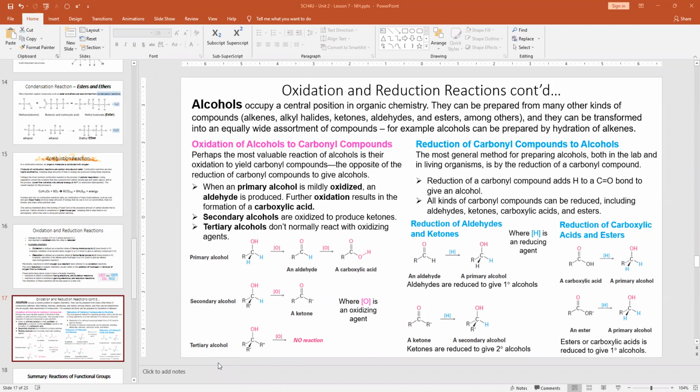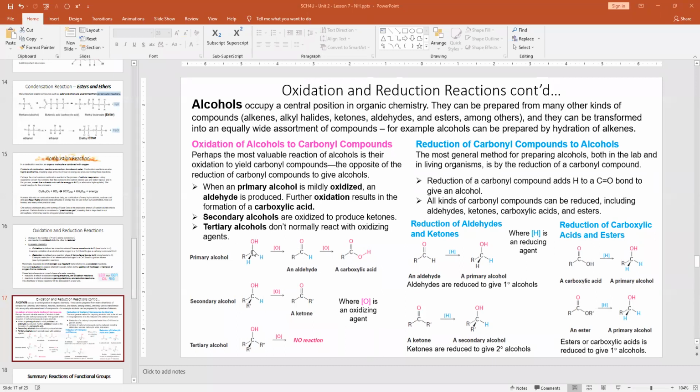So when you have a primary alcohol and it is mildly oxidized, an aldehyde is produced. So here we have our primary alcohol. It goes through oxidation and results in an aldehyde.